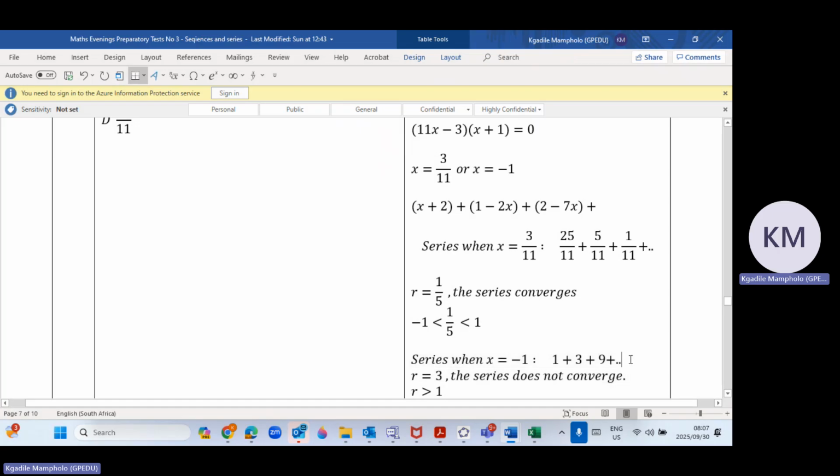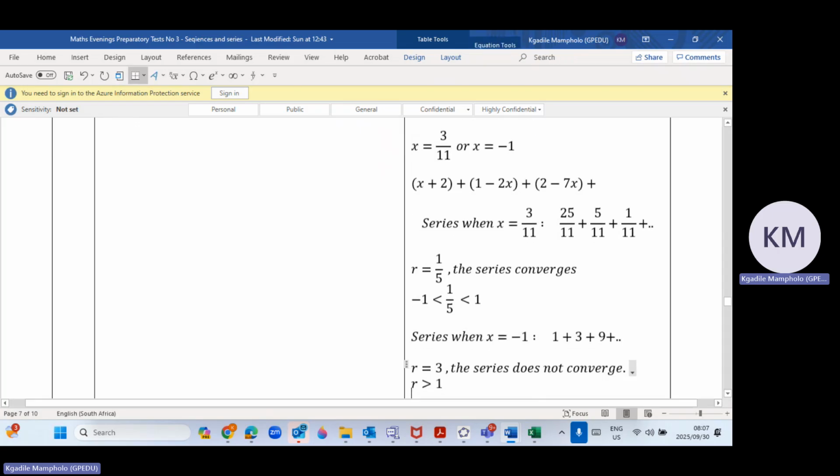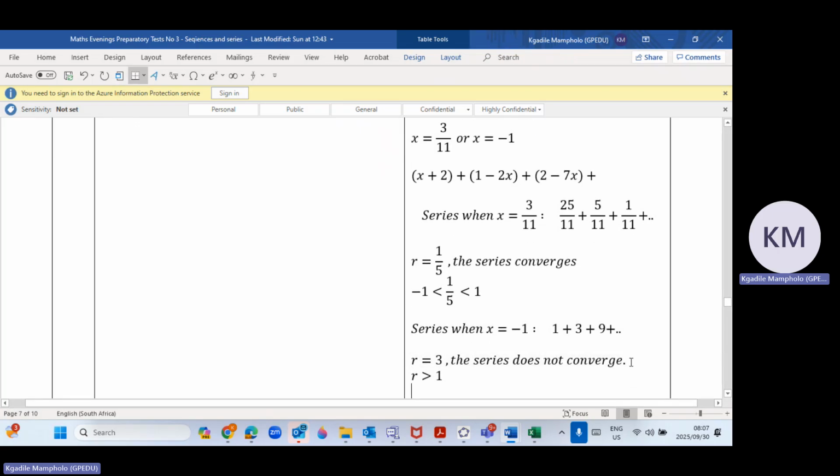It means if x is -1, the series does not converge because r is not between -1 and 1. R is greater than 1. So for convergence, x is not equal to -1.